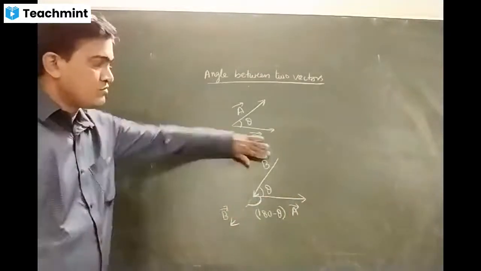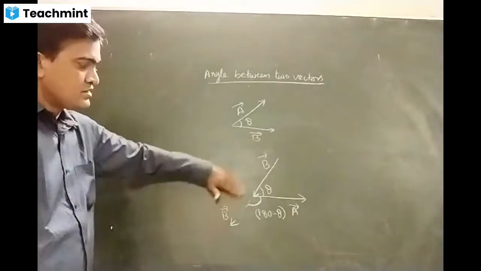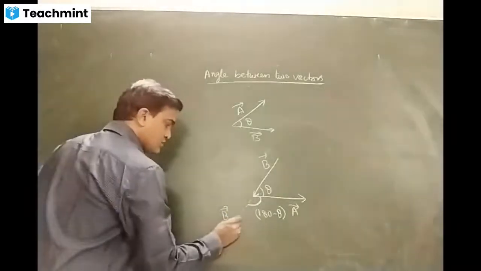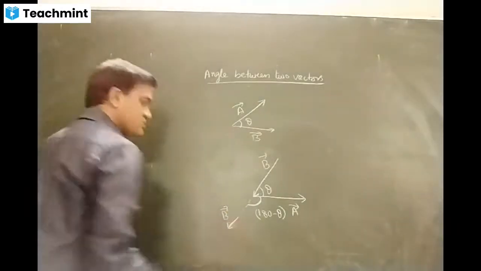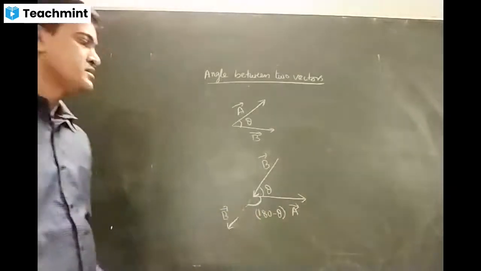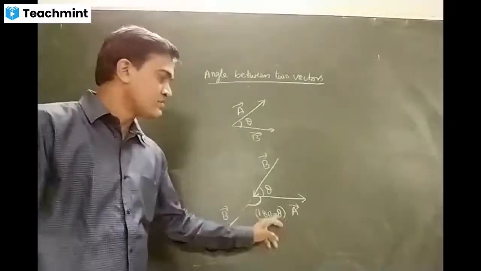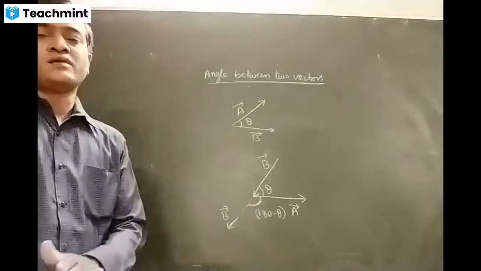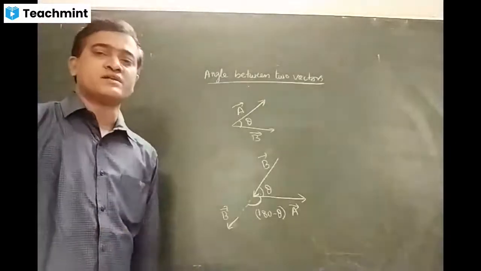Is it not? Once I move this vector B in this direction, then what I have shown you is tail of vector B is coinciding with tail of vector A. Such that now the angle between A bar and B bar is 180 minus theta.